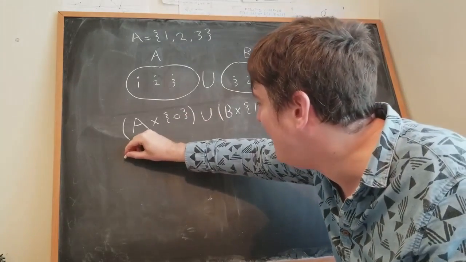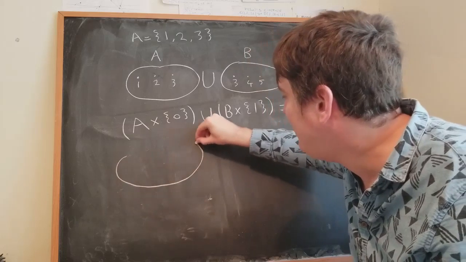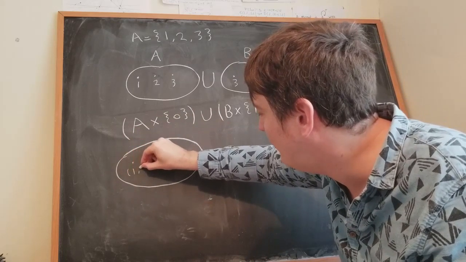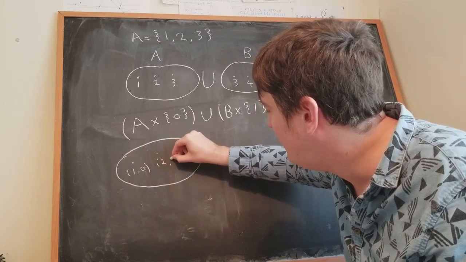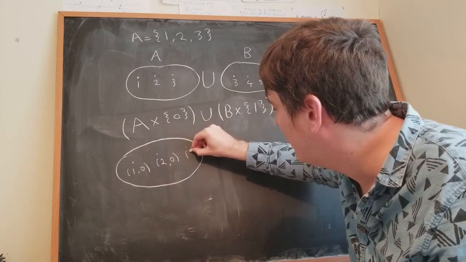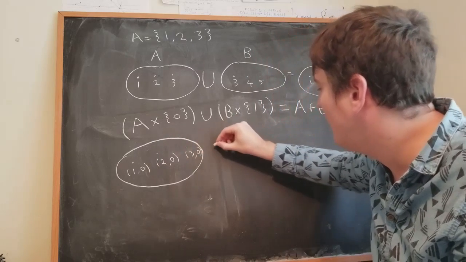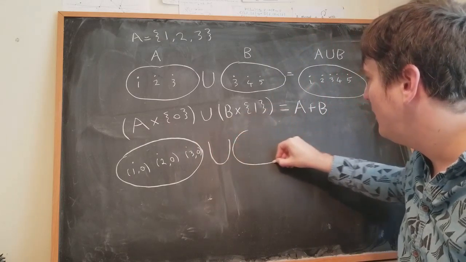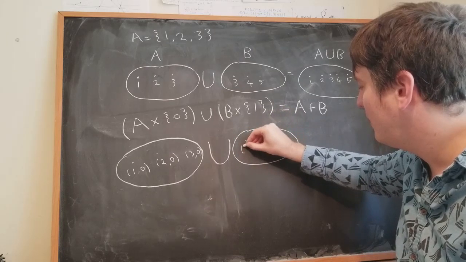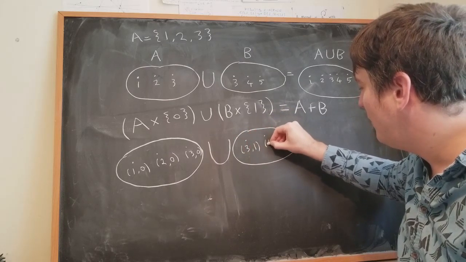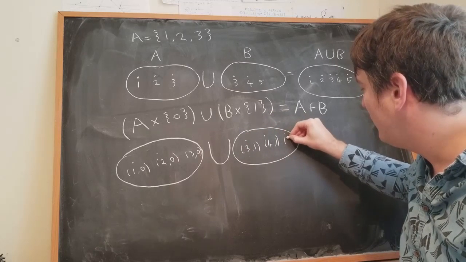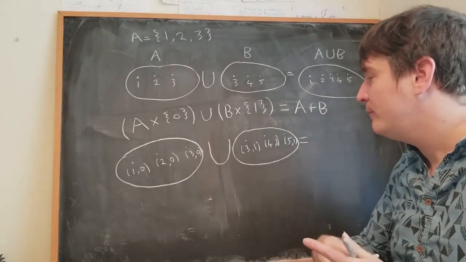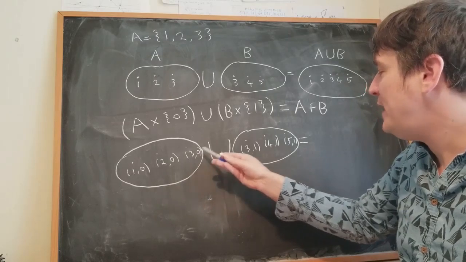Essentially, this set here, A times the singleton set with 0 in, looks like (1, 0), (2, 0), (3, 0), and if we union this with this thing here, (3, 1), (4, 1), (5, 1), then we do get something with 6 elements, because there may be 2 copies of 3 here, but they're tagged differently.